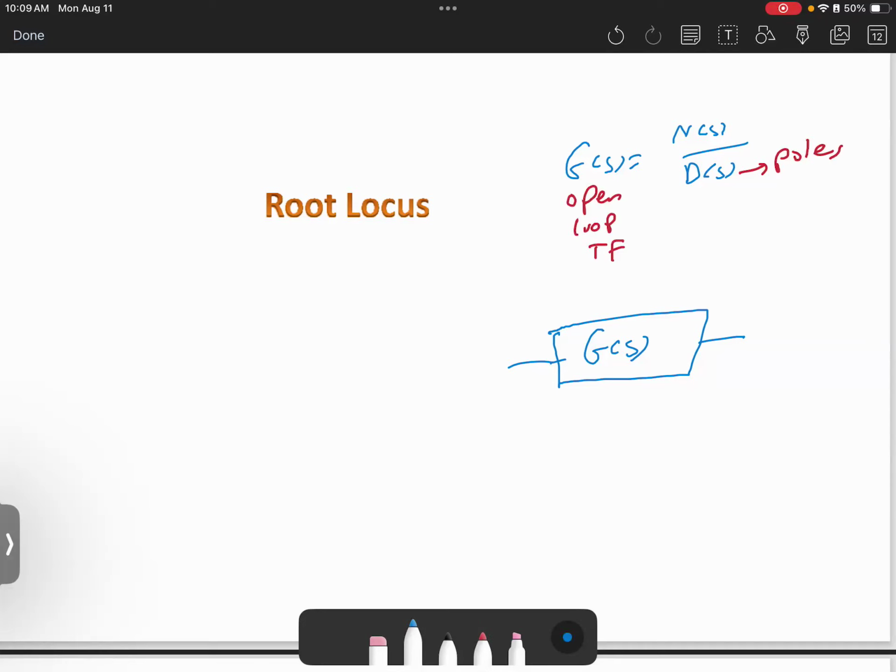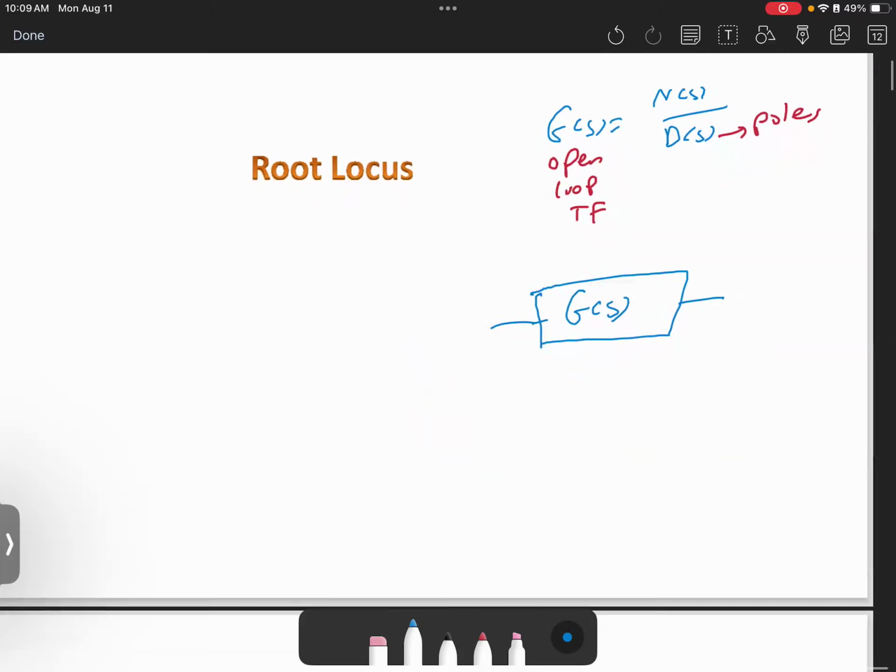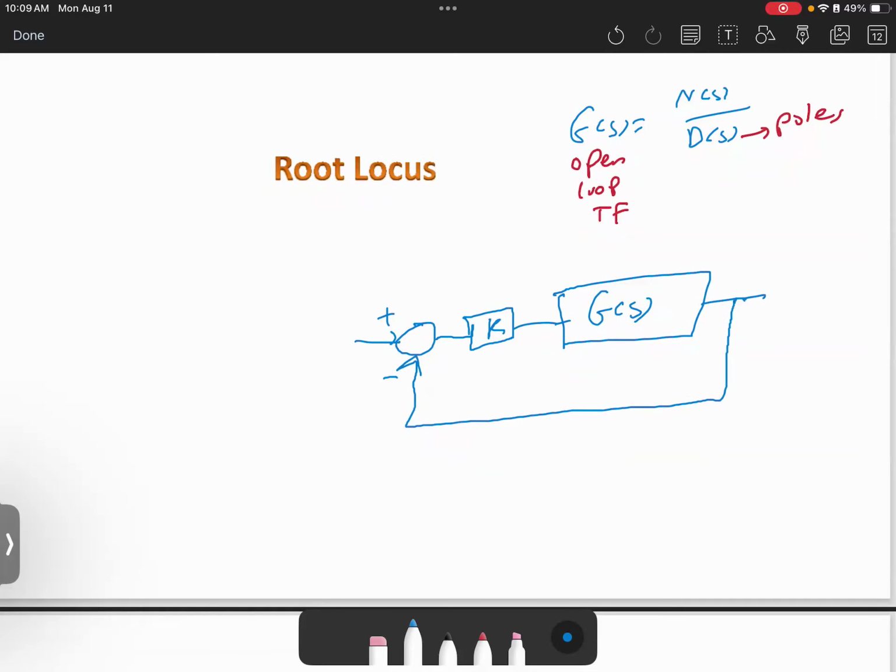Then if we need to move the location of the poles, one of the things, as we discussed in the previous two lectures, is to do a closed loop. The closed loop can shift the location of the poles. And in that closed loop you can multiply by a constant called K. So that's what we learned in the previous lecture.